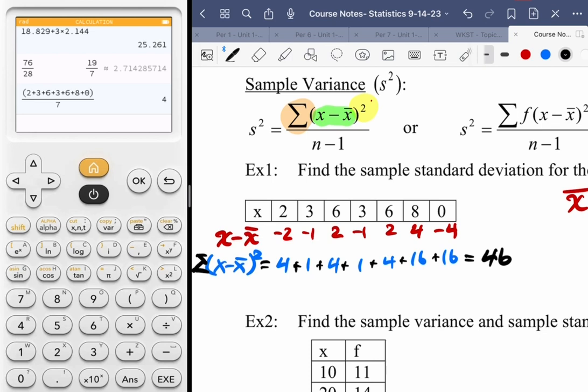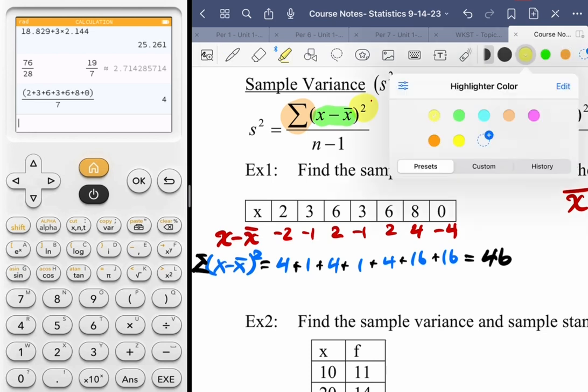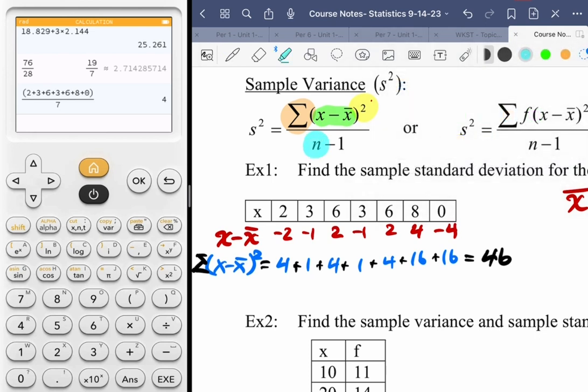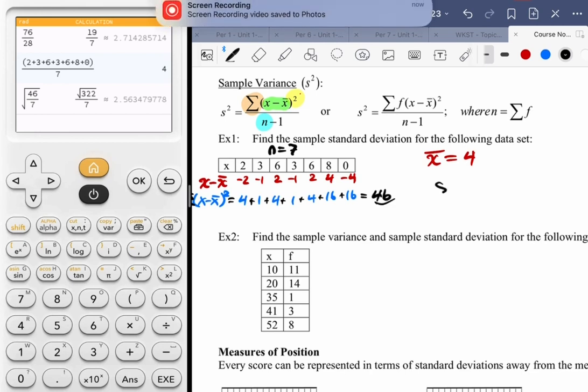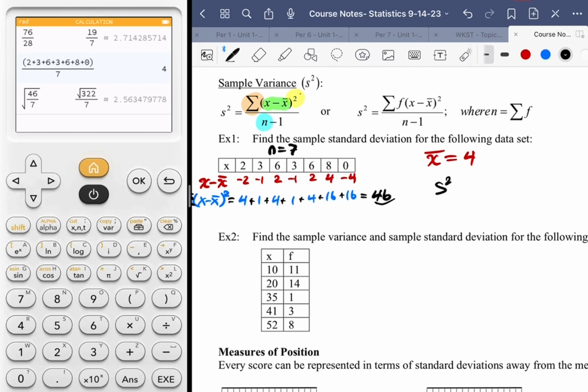This little guy here just means the number of values in the set. Here, n is equal to 7 because there are 1, 2, 3, 4, 5, 6, 7 numbers in the set. So I'm going to take that 46 and divide it by n minus 1, so 7 minus 1, so 46 over 6.